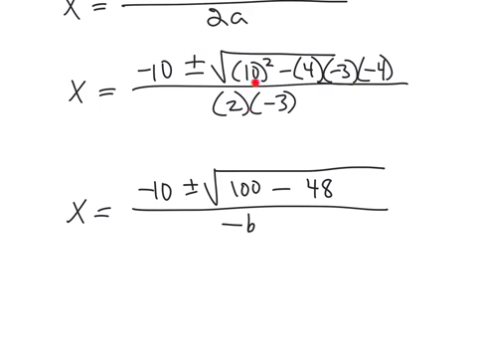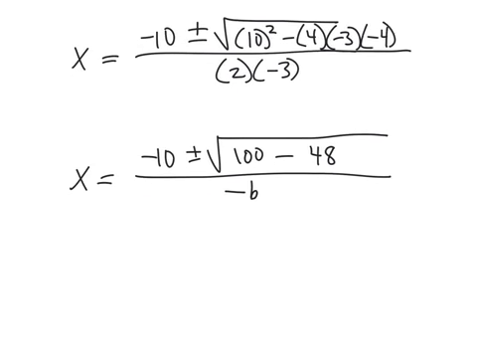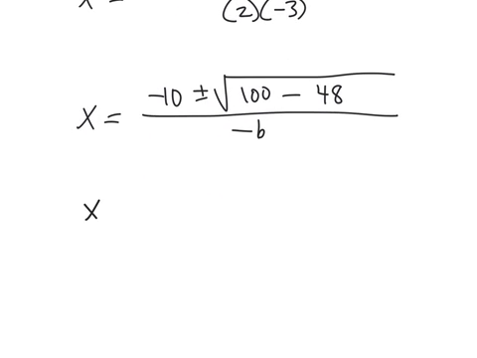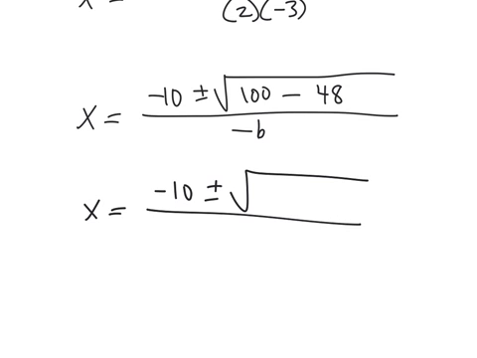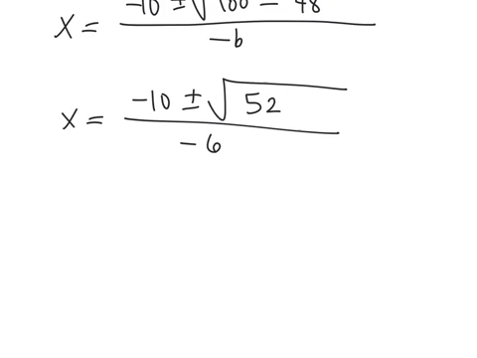Feel free to pause to make sure you understand how I'm making these connections here. And so now you get x is equal to -10 plus or minus the square root of 52 over -6. And so now we need to simplify the square root of 52. So I'm going to go over here on scratch paper, and think about 52.